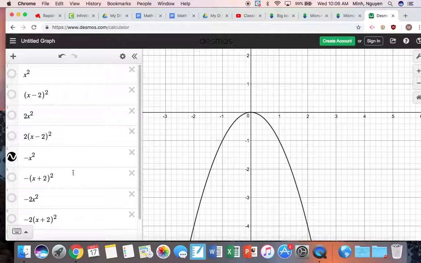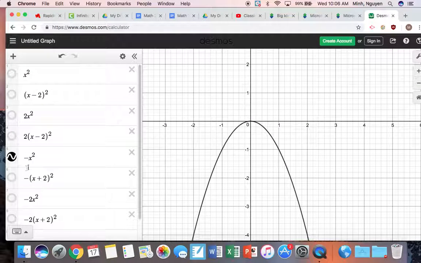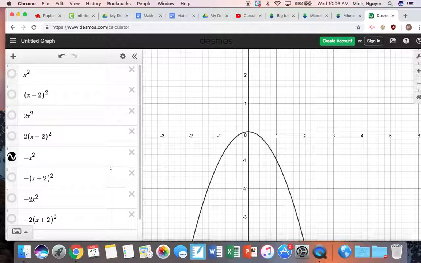Down. And then we have negative x plus 2 squared. So let's think. If I distribute the negative, that would be after, because we were supposed to square first. So take a moment, think about which way it might move, which way it's facing, left or right, up and down, and let's see.